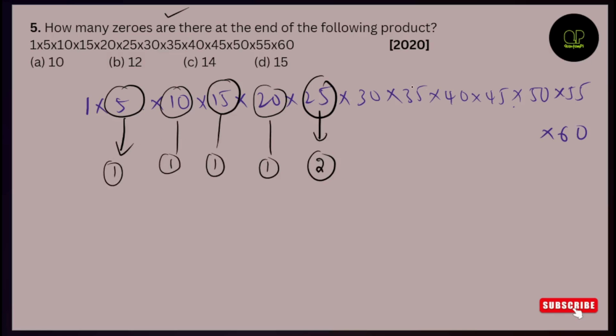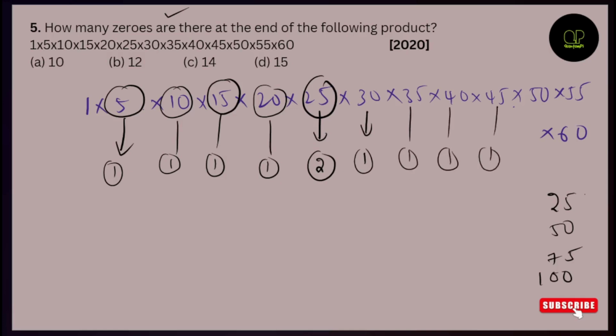In 25, 50, 75, and even in 100, you will be having 2 fives. The rest of them will have only 1 five. This is 5, 6, 30: 1, 1, 1, 1. Here you have again 2, here you have 1, and here also you have 1.